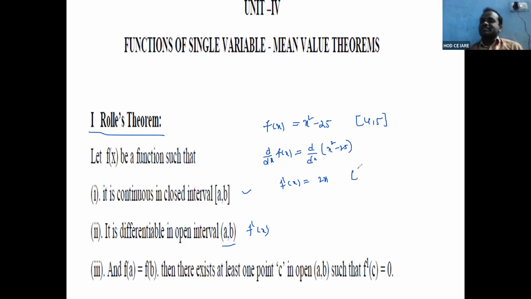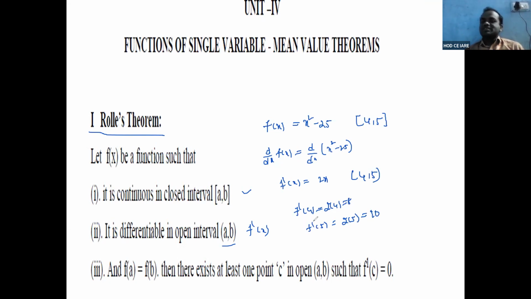For example, f dash of 4 is 2 into 4, which is 8. Next, f dash of 5 gives the value 10. So it is continuous and it is differentiable.